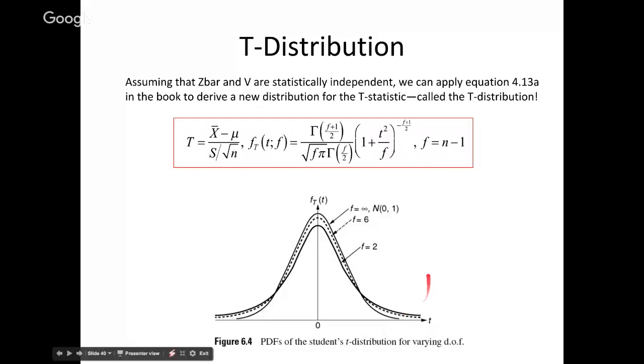What I wanted to show you in this graph is a comparison of the t distribution to the standard normal distribution. Remember, when we knew the population variance, the sample mean was distributed around the population mean according to the standard normal distribution. That corresponds to the situation with infinite degrees of freedom for the student t distribution. When f goes to infinity, the student t distribution essentially becomes the standard normal.